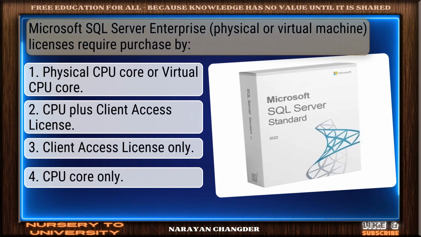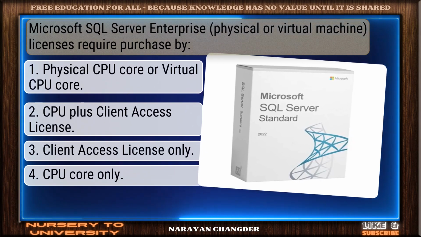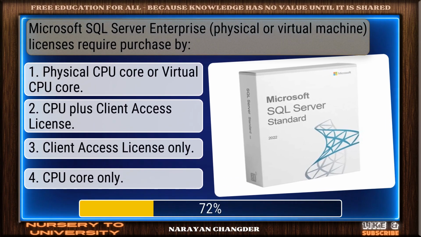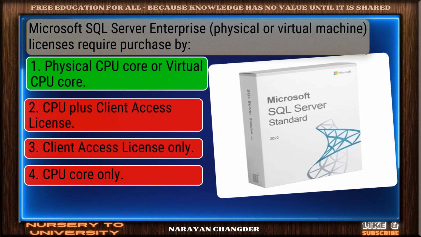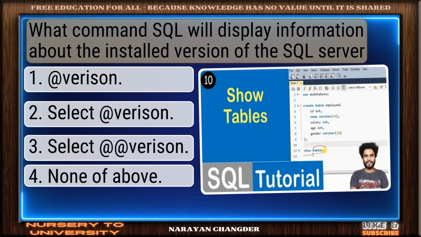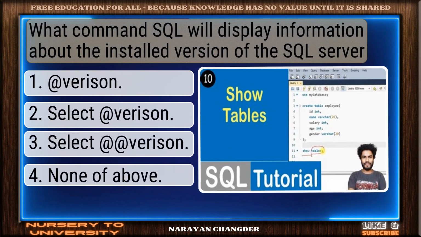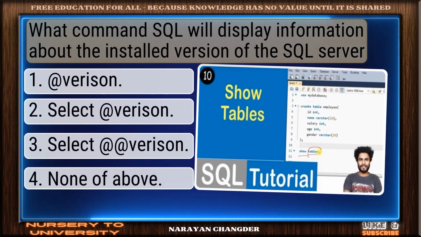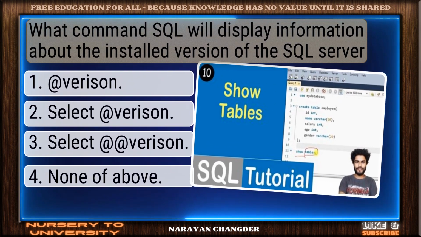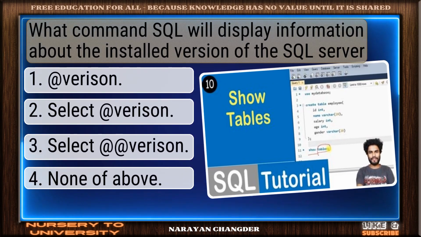Question number 10. Microsoft SQL Server Enterprise licenses require purchase by. Great job. Physical CPU core or virtual CPU core is the accurate answer. Question number 11. What command SQL will display information about the installed version of the SQL Server?